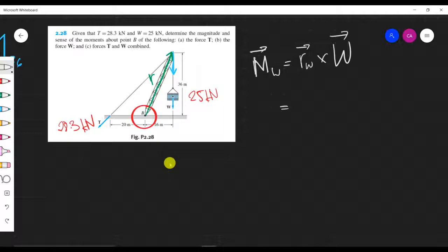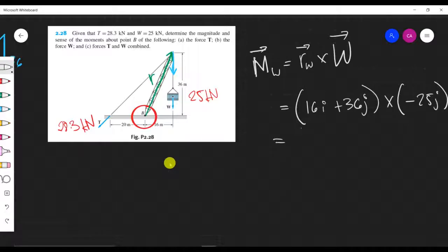Equals yan sa vector r na dahil kakanan ng 16, so 16i. Aangat ng 36, so 36j. Cross bababa ng negative 25j. Okay? So, i, 16, 0. j, 36, negative 25. k, 0, 0.